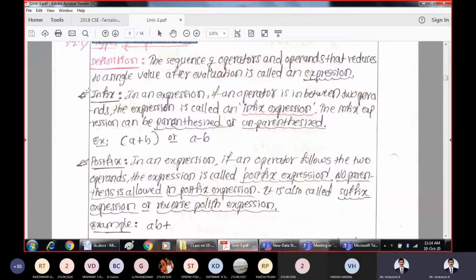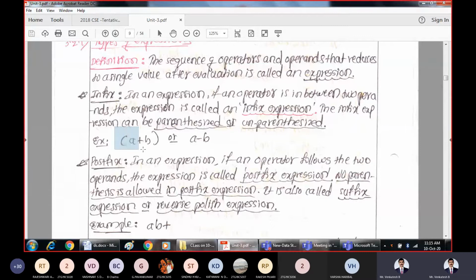Infix expression means in between. In an expression, if an operator is coming in between two operands, then it is called an infix expression. The infix expression can have parentheses or it may not have any parentheses. So this is an example for infix. What infix says is the operator is coming in between two operands.